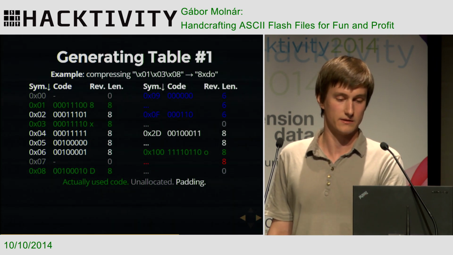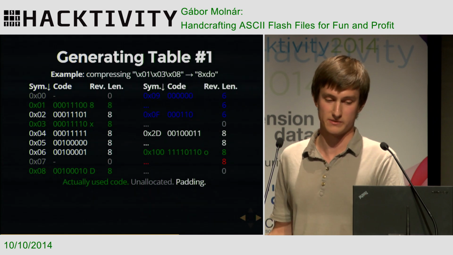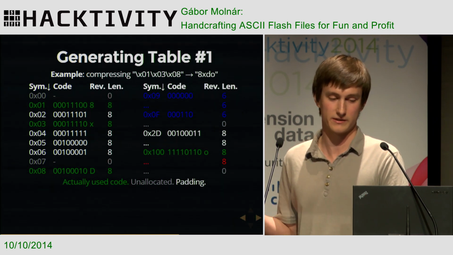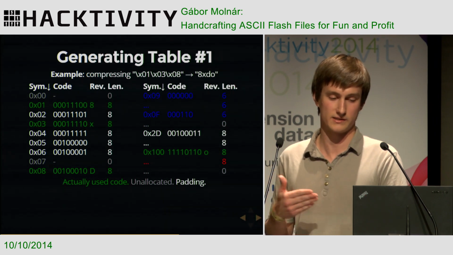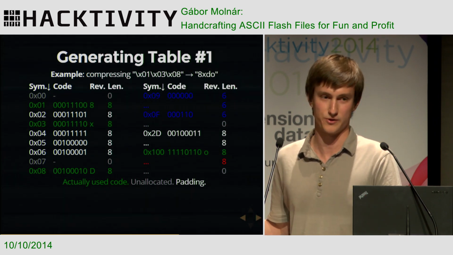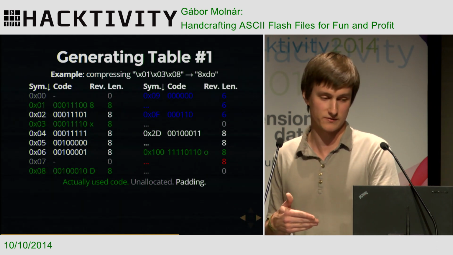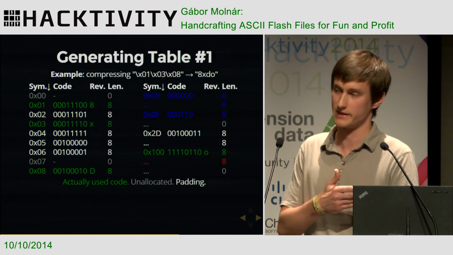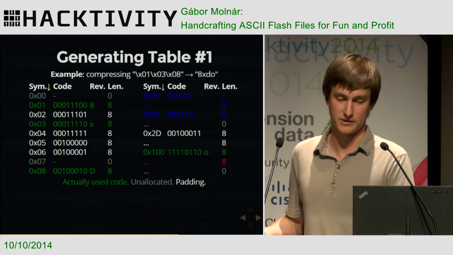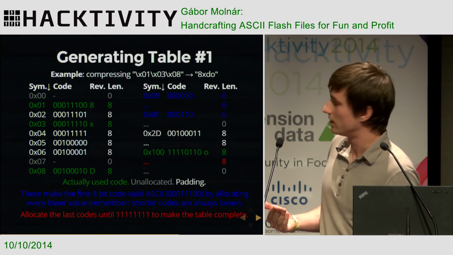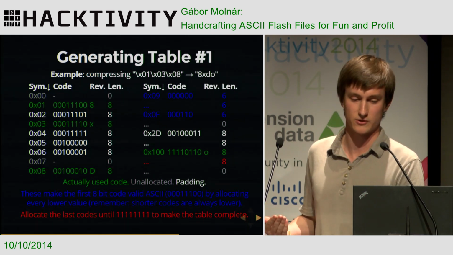I'll explain the blue and the red color later on. So you define a lot of superfluous 8-bit codes, and you do this to get an ASCII code for the end symbol. The first valid 8-bit code is the one that we assign to 1. We actually define 6-bit codes, which will not be used.